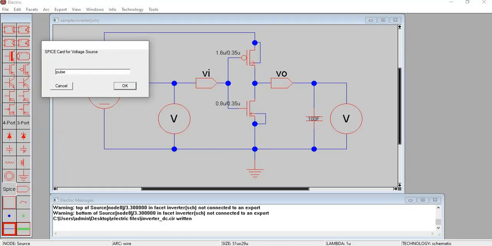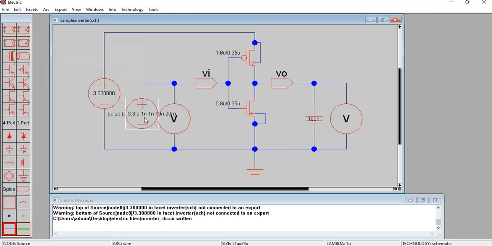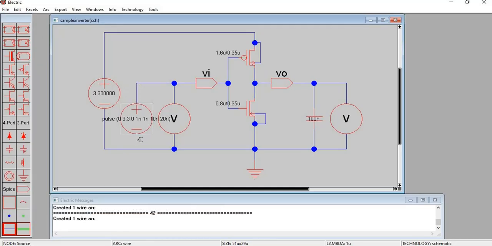For the pulse, just type 0 space 3.3 space 0 space 1N space 1N space 10N space 20N. Yes, we're going to connect it now. So we're able to connect this pulse.